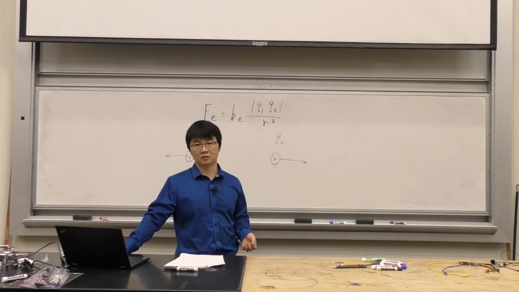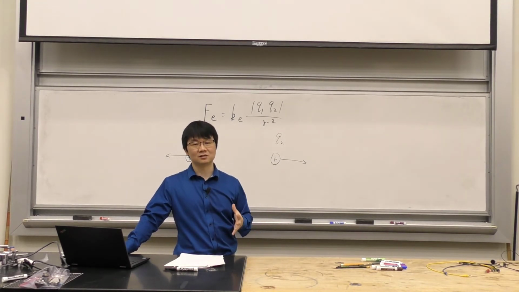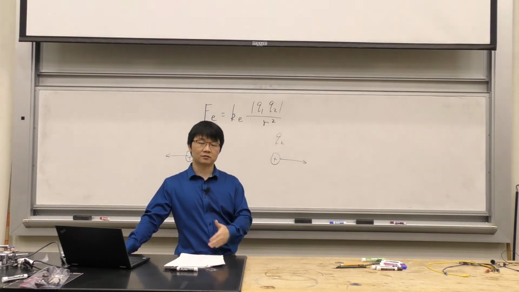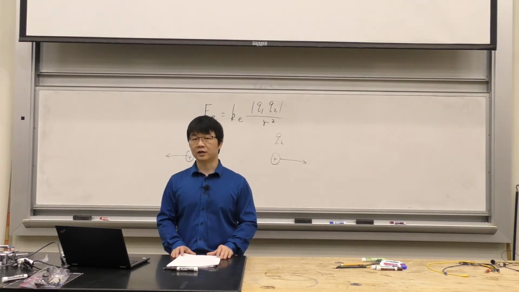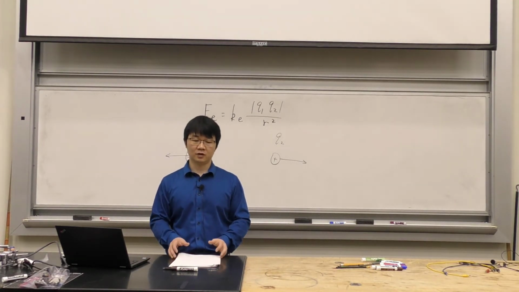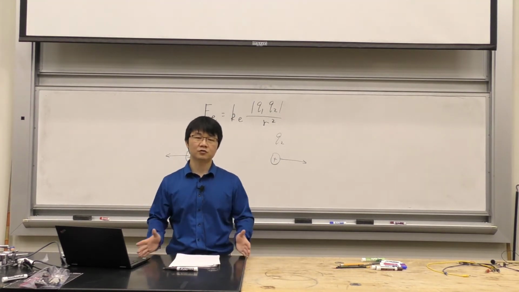Because they can see it, okay? Remember, the visible light we see, actually we're going to discuss that at the end of this class, is only a very small, very narrow region in the E&M wave spectrum. There are a lot of things we don't see.